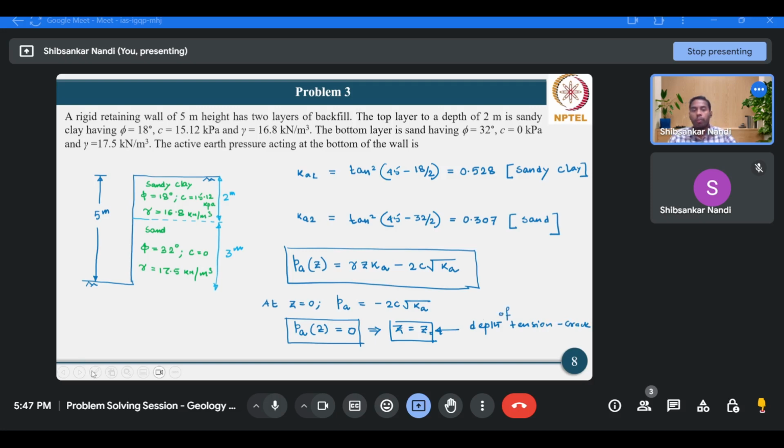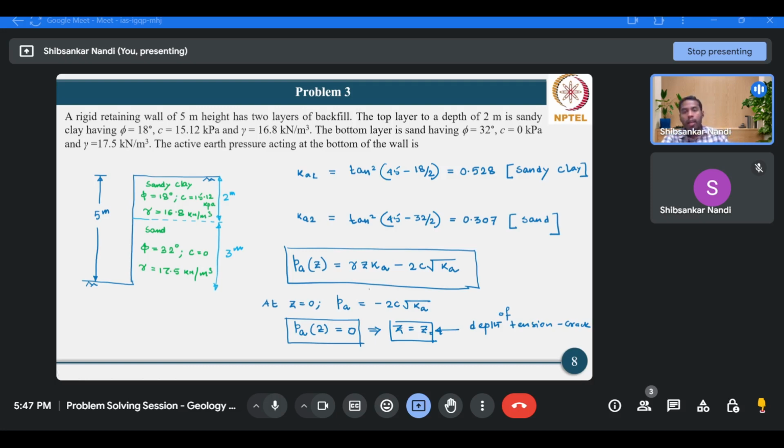So in cohesive frictional soil, unlike purely cohesionless soil, there will be generation of tension cracks in the top portion of the backfill, up to z equals z0, and this z0 we can calculate.